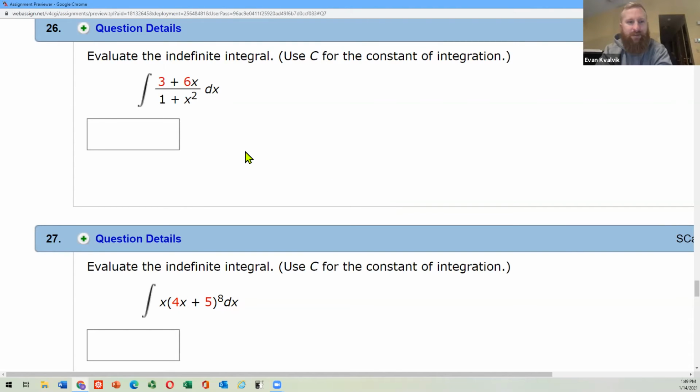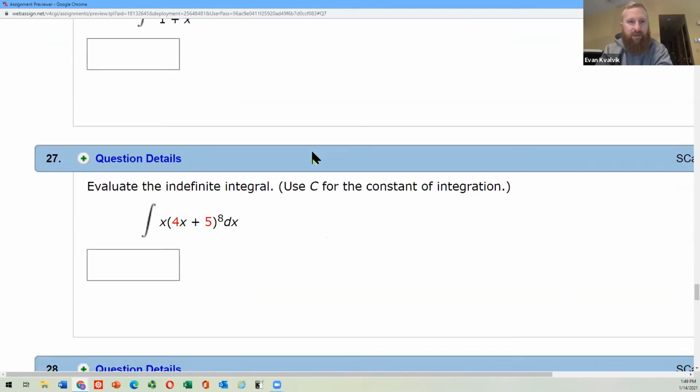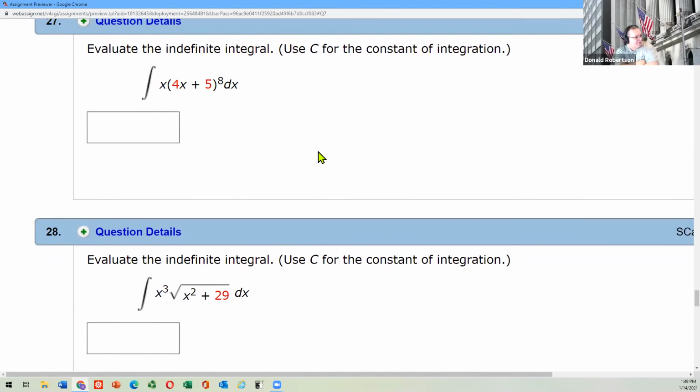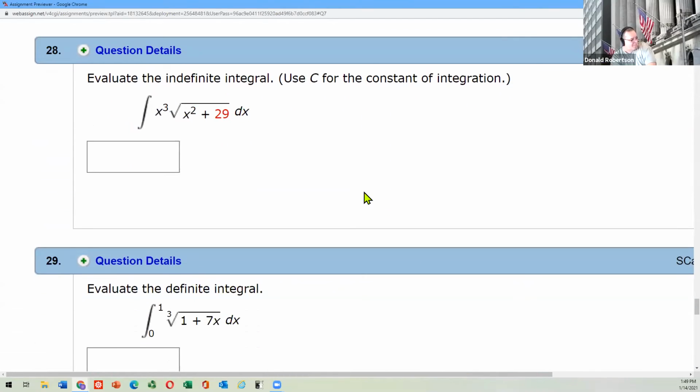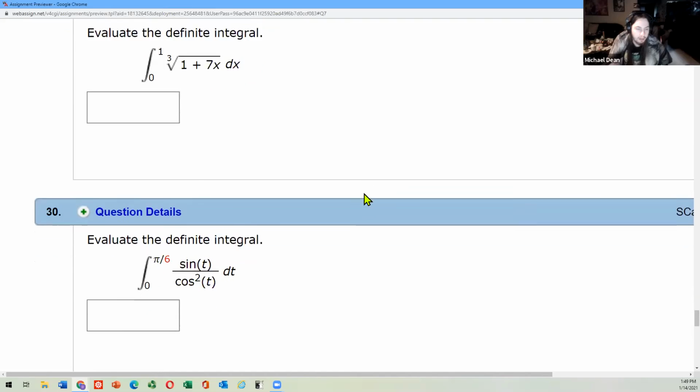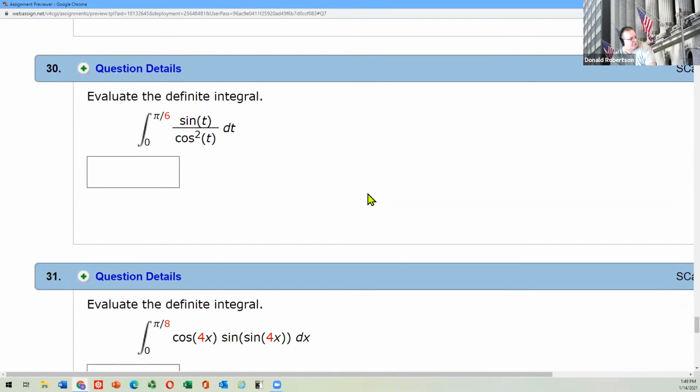Oh, sorry. I don't know where the 3 came from. 26. What's 26? The denominator. Yeah. Well, that's a nice way of saying it. What about 27? 4x plus 5. 28? x squared plus... 29. 29 is 1 plus 7x.